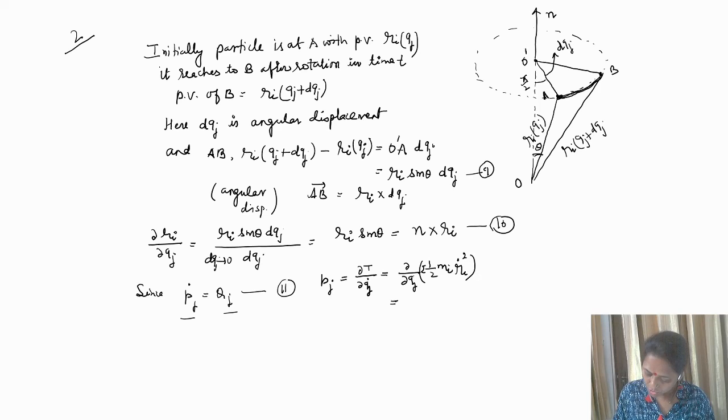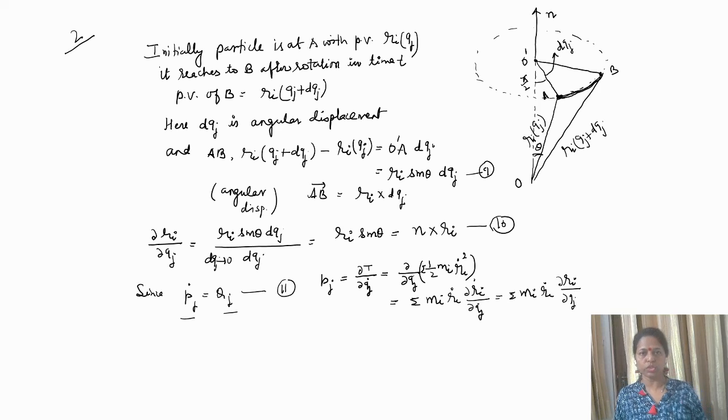So it is summation mi Ri dot delta Ri dot delta Qj dot. We'll change this delta Ri dot delta Qj dot as in the previous theorem, and we'll get summation mi Ri dot, and this delta Ri delta Qj.